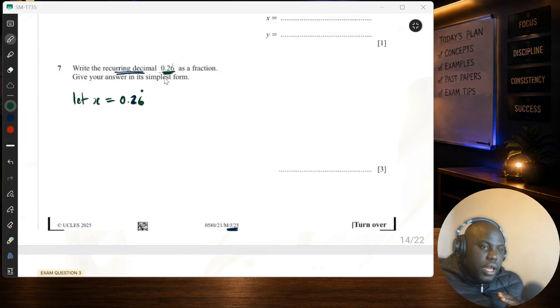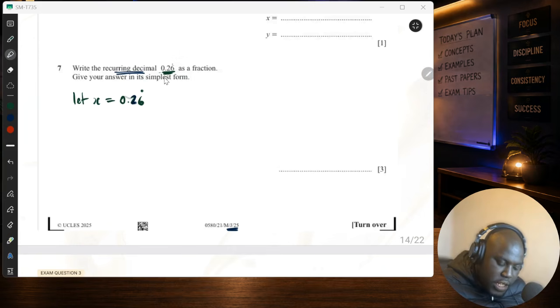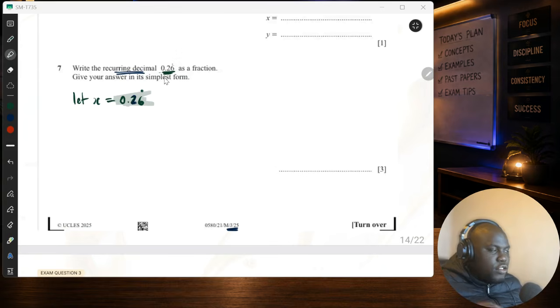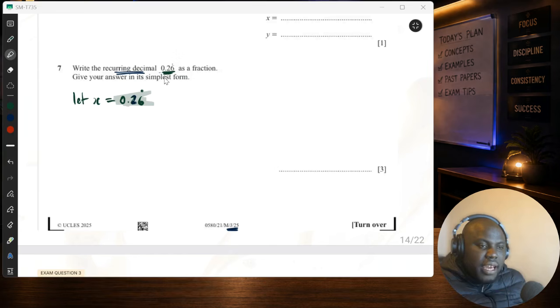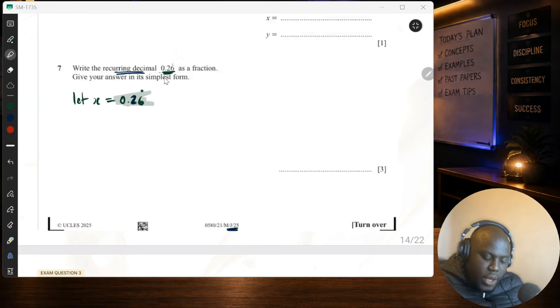We can't, because you can't use it in any calculation. It's illegal because it has a part that is not recurring. The two versions of x that we can use should both have only recurring parts. Sorry. Okay, we can't use this 0.26 because 2 is not recurring. So this 2, which is not recurring, makes this an illegal one to use.